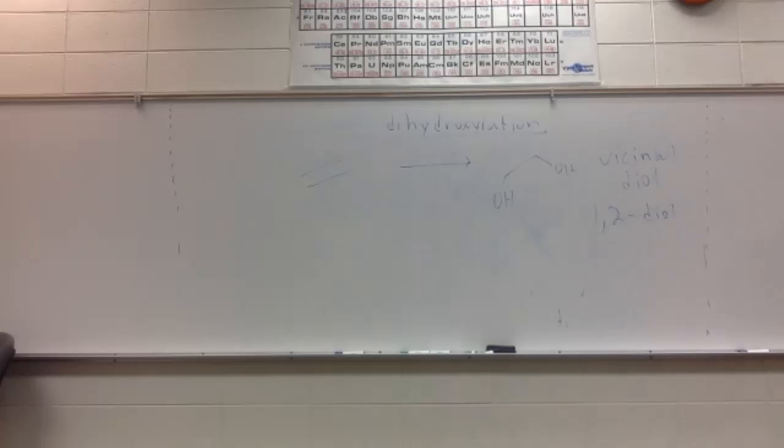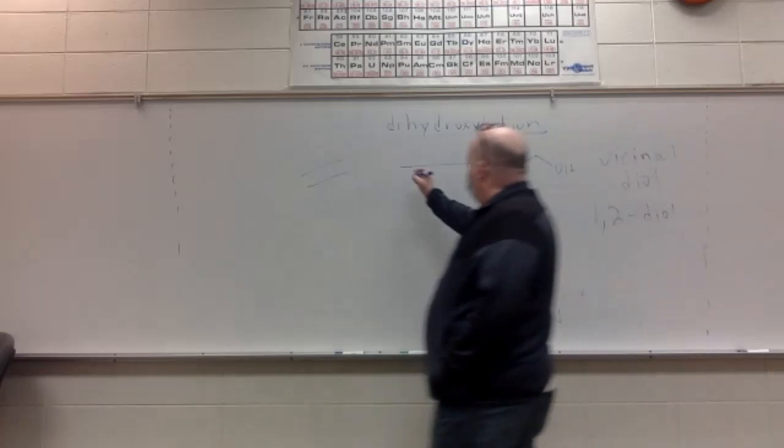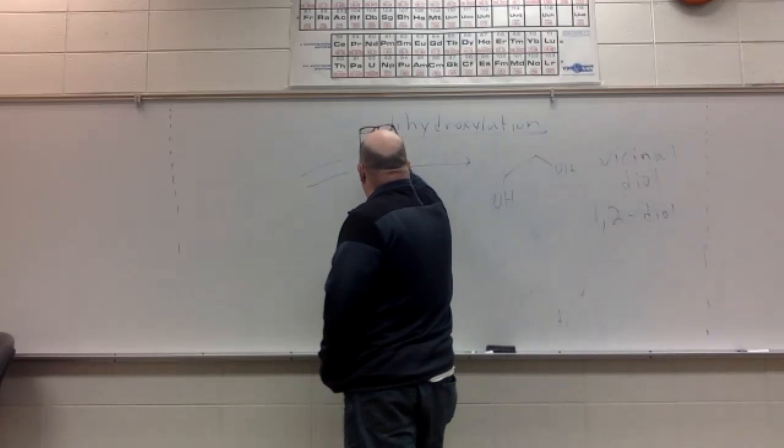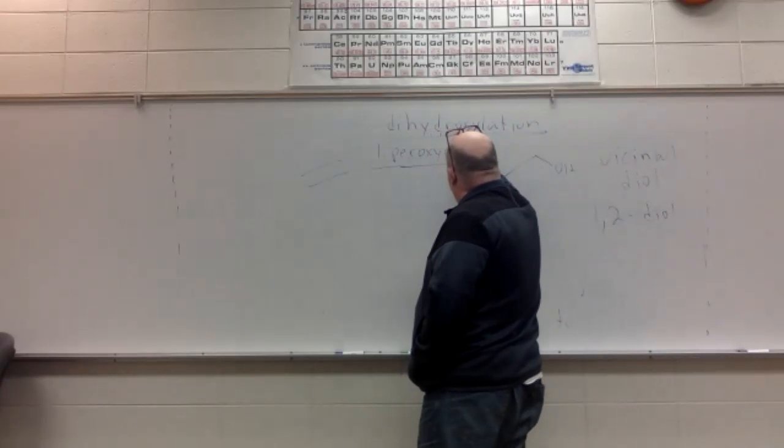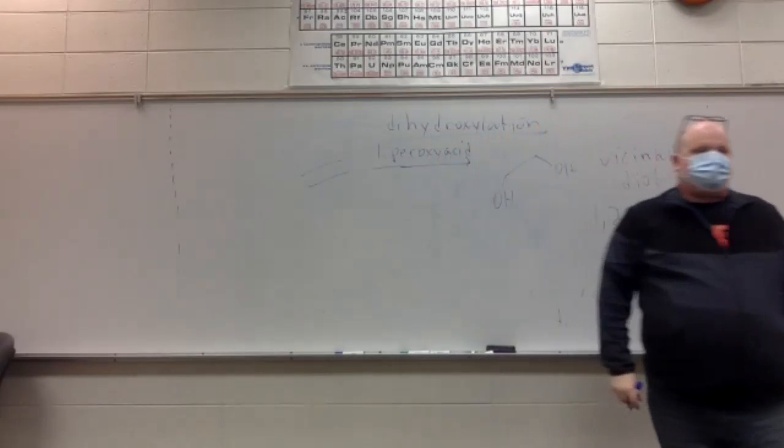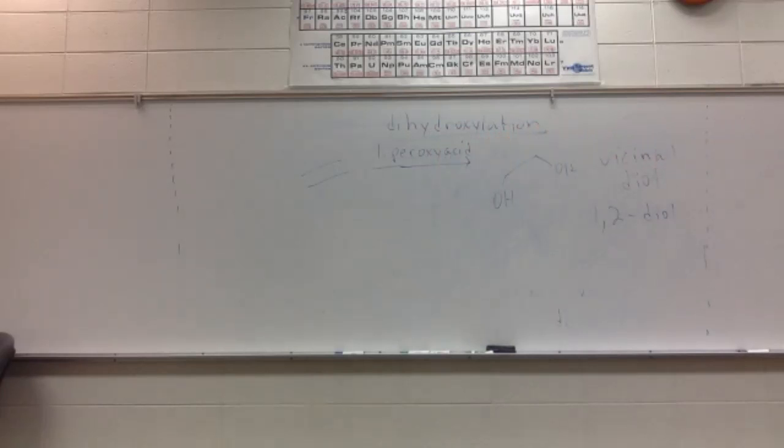How do you do this? Well, it's a two-step process, actually. The first step is to add a peroxy acid. That should look familiar. Why? We just did it. So the first step of this particular type of dihydroxylation is to do an epoxidation.